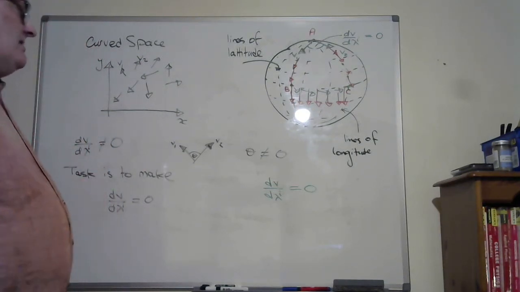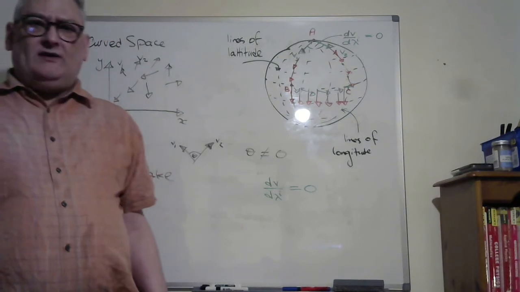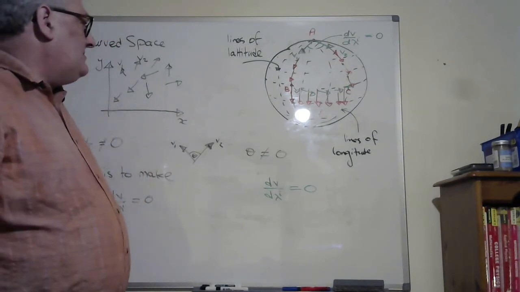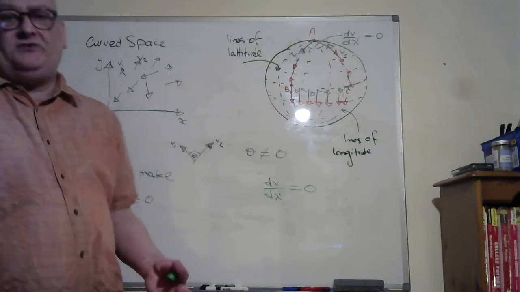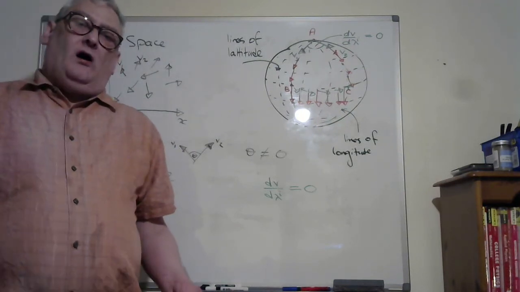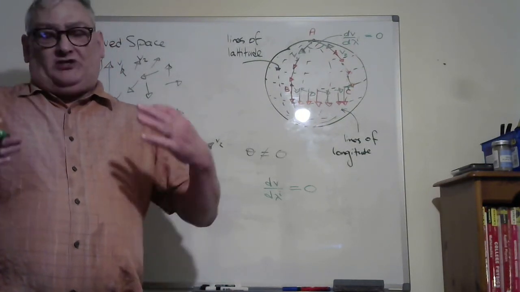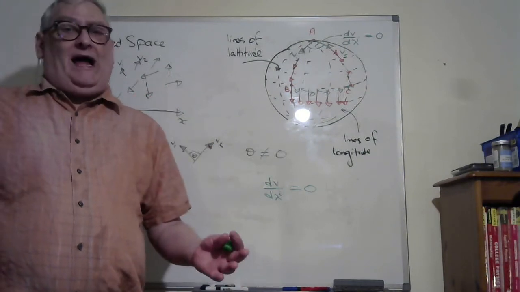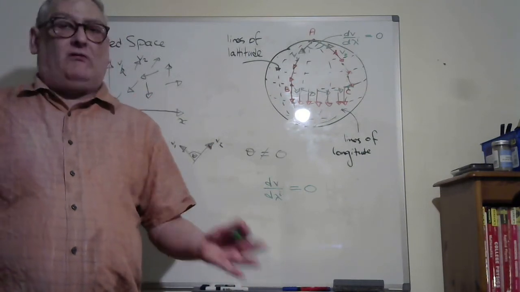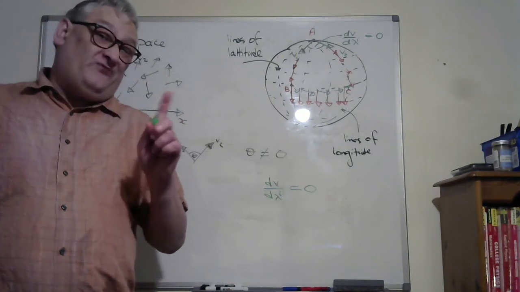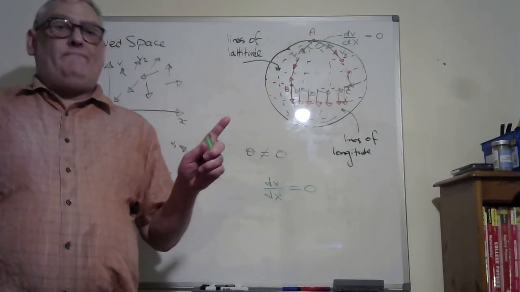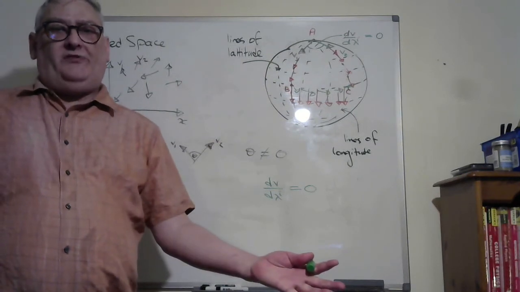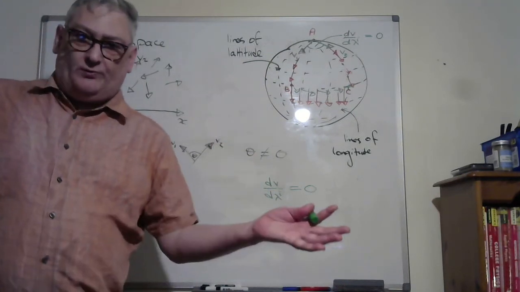So basically, I think we'll leave it there for now, and in the next video, we'll start to apply this knowledge a little bit more to actually arrive at the equation for parallel transport, which is very similar to the geodesic equation. But we're going to concentrate on the equation for parallel transport.